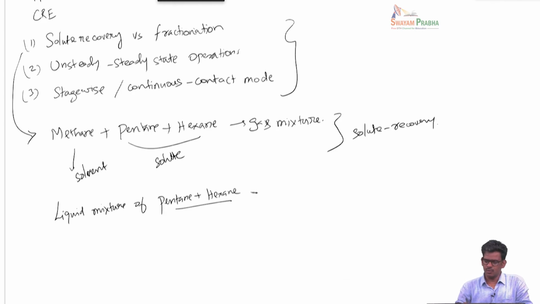So in this case we can do what is called distillation, where the differences in the boiling point, even though the boiling point difference may be very little, but still you can use distillation as a means to separate pentane and hexane. Okay, so this is something we call as a fractionation, because we are fractionating the mixture into rich and leaner phases of one of the compounds. Okay, so when we do mass transfer operations, we classify them as either solute recovery operations or fractionation operations.